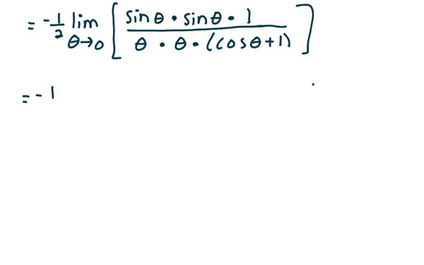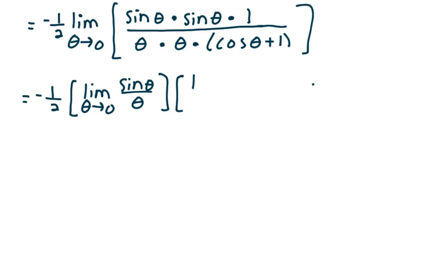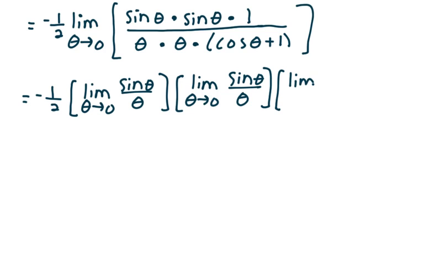And so this is negative 1/2 times the limit as theta goes to 0 of sine theta over theta, times the limit as theta goes to 0 of sine theta over theta, times the limit as theta goes to 0 of 1 over cosine theta plus 1.